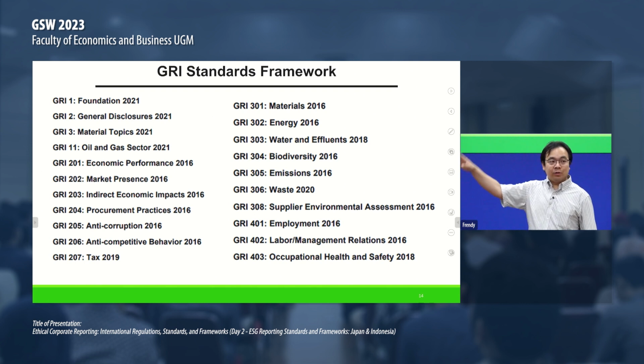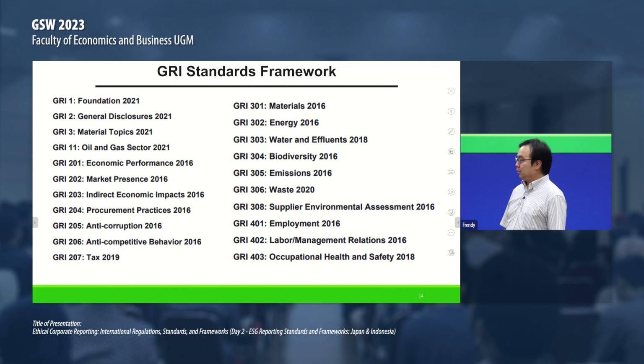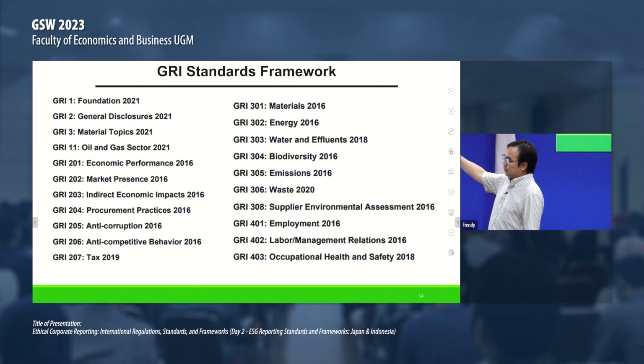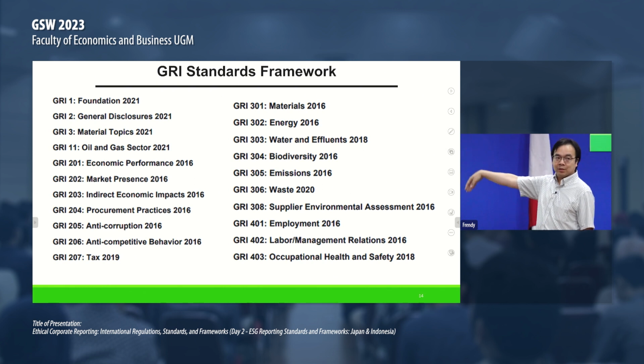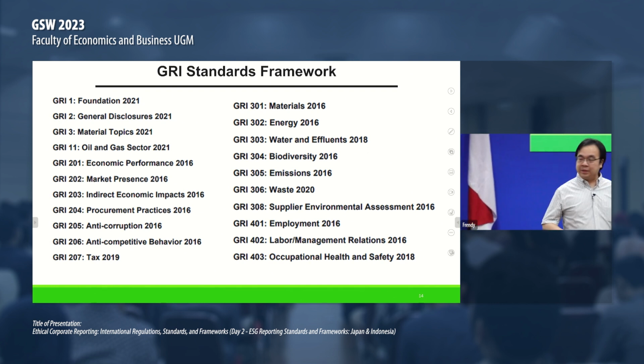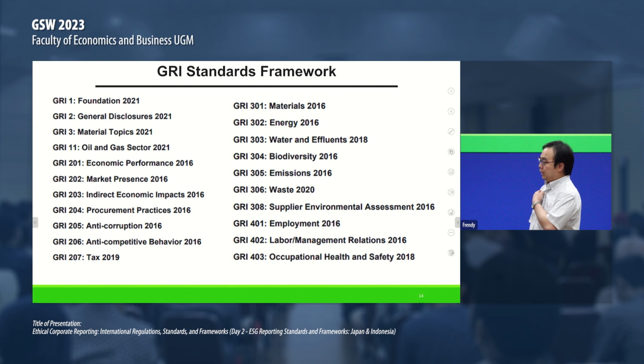And then most of the GRI standards revolve around the topics. So topics here refers to specific accounts or information that should be disclosed. So you can see here we have 201 finishing until 403. Please take a look at these topics.